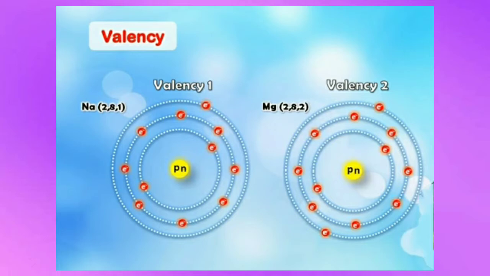And sodium requires 7 electrons to complete its octet. So what is easy for sodium? Is it easy to lose one electron or gain 7 electrons? Correct. It is easy for sodium to lose one electron. Therefore, we can say sodium has the valency 1.